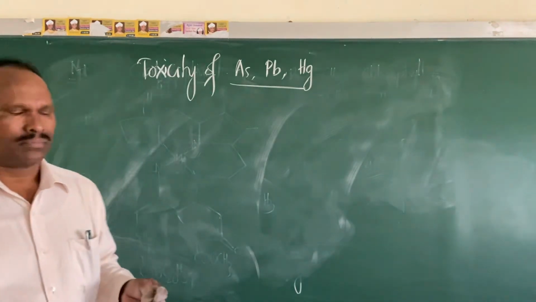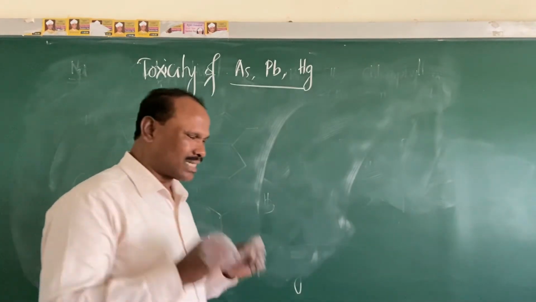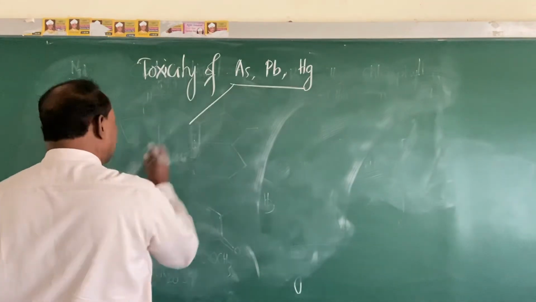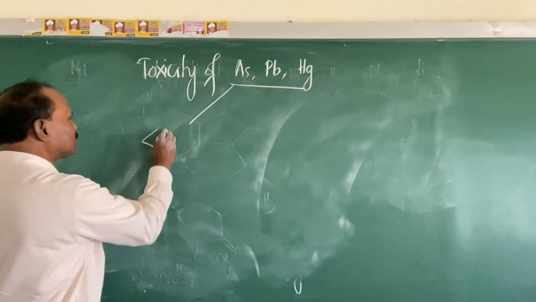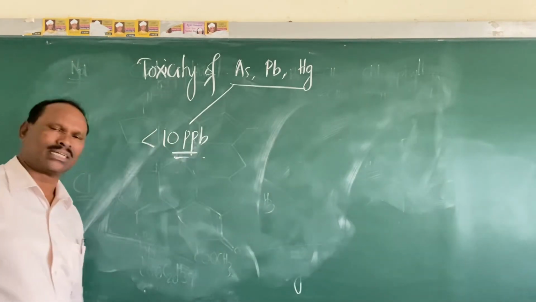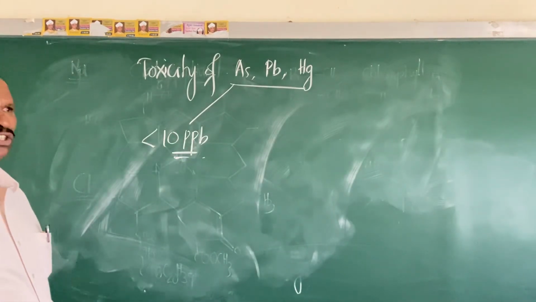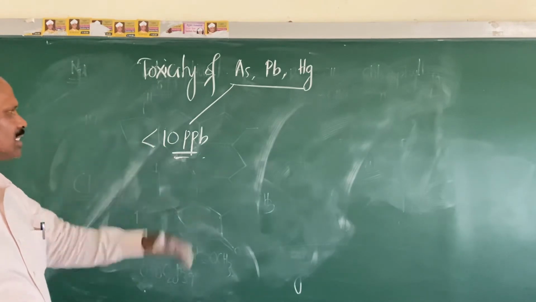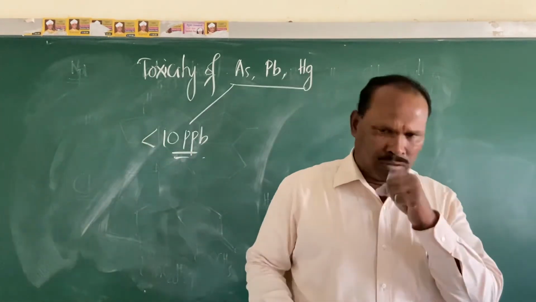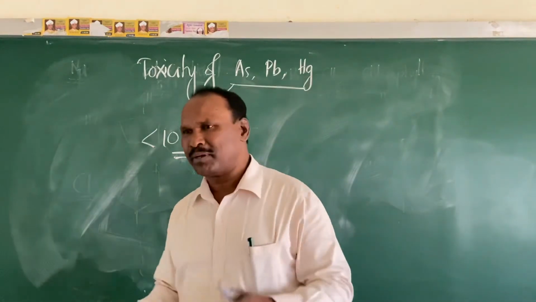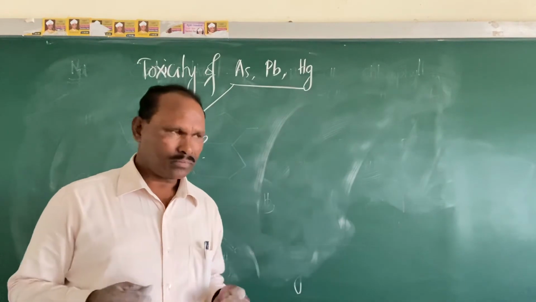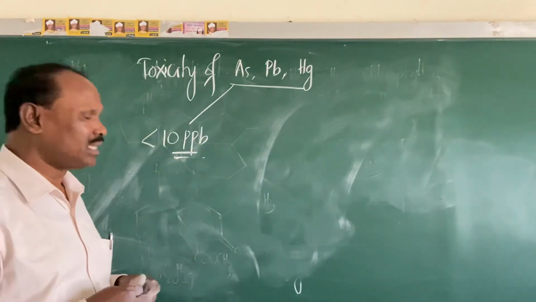It is said the arsenic quantity must be less than 10 parts per billion in the water that we drink. It should be less than this 10 ppb. If it becomes more than 10, if it becomes 100 ppb, it leads to various damages in our body system.